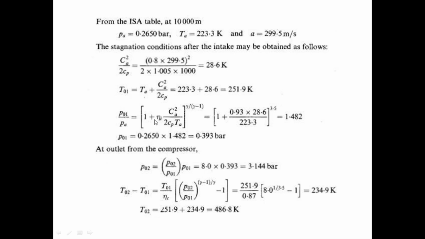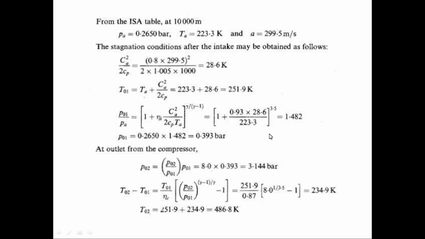We can find the pressure ratio for the intake, P01 by PA, which is equal to 1 plus intake efficiency times CA square by 2 CP TA, raised to the power gamma by gamma minus 1. The intake efficiency is 0.93, CA square by 2 CP is 28.6, TA is 223.3, raised to the power 3.5.